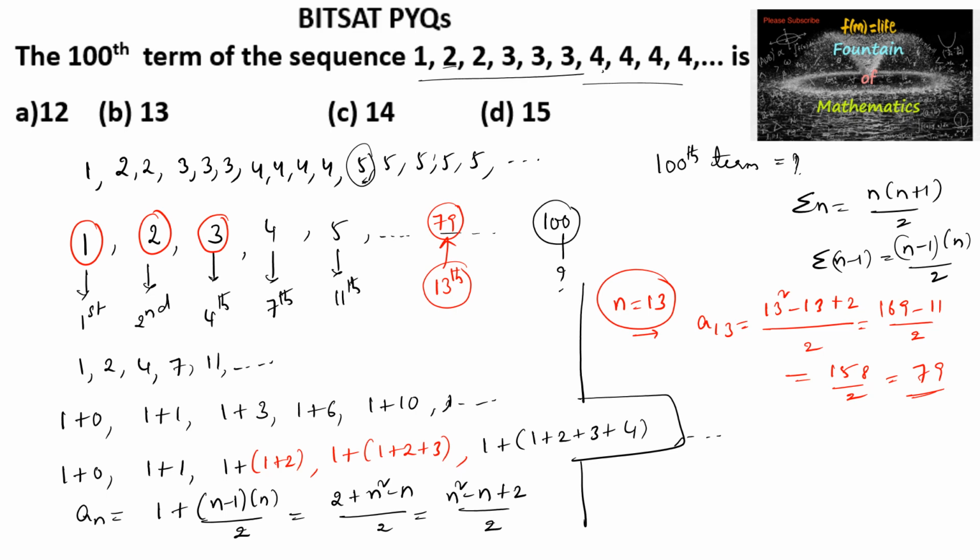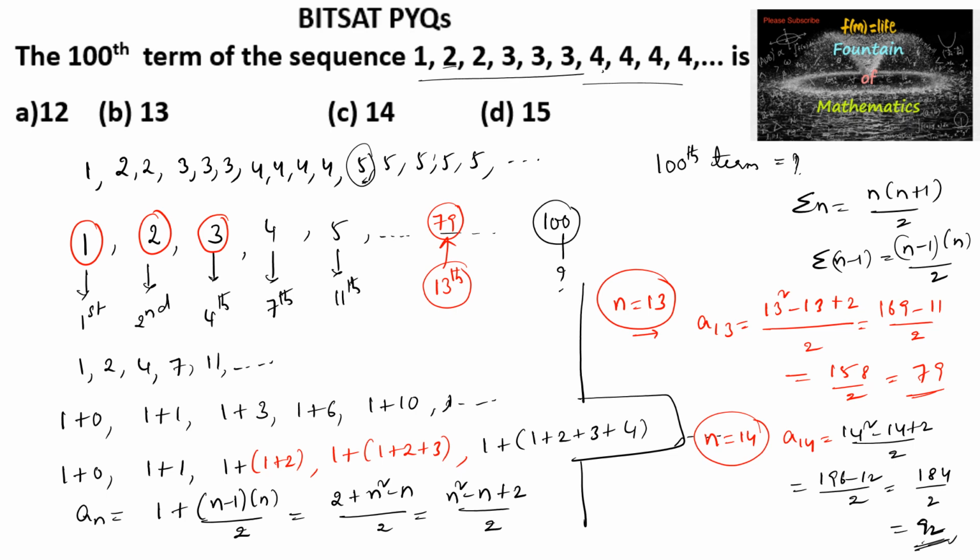Now in the 14th position, suppose n is equal to 14, A14 is equal to (14 square minus 14 plus 2) upon 2, which is (196 minus 12) divided by 2, that is 184 divided by 2, which is 92.